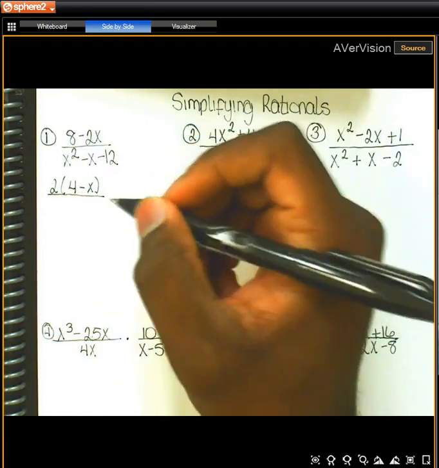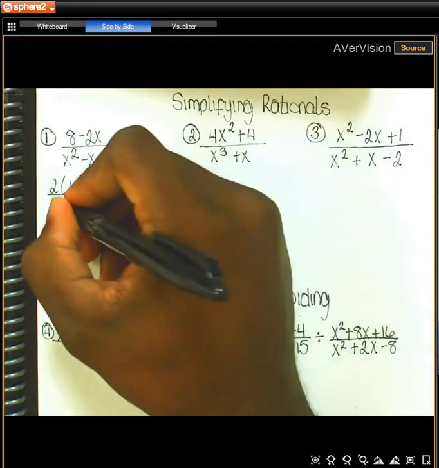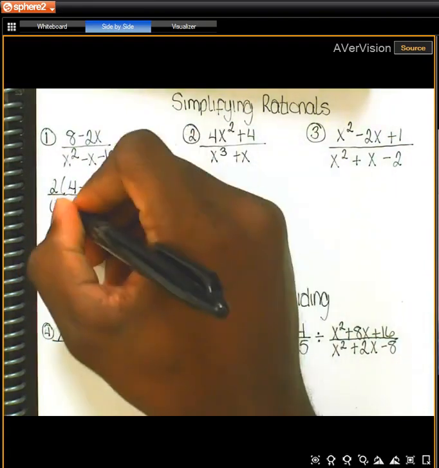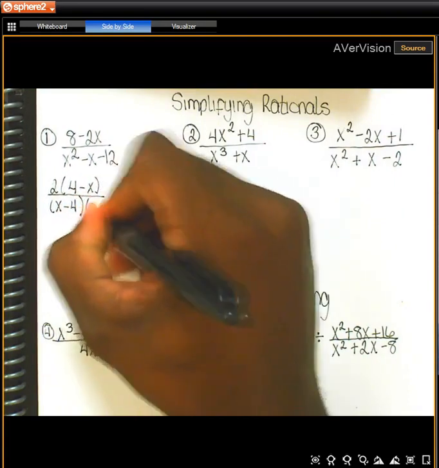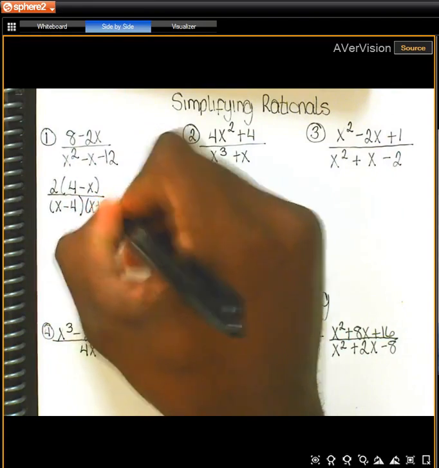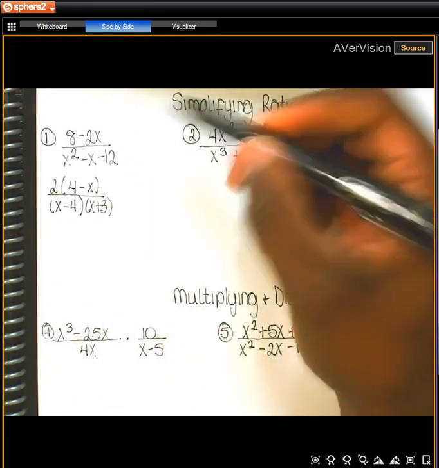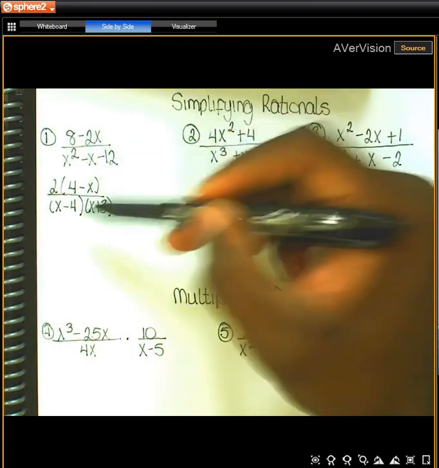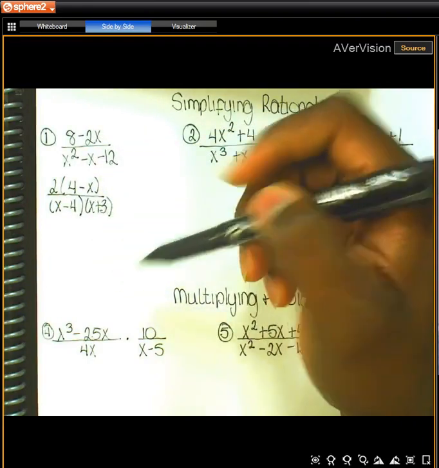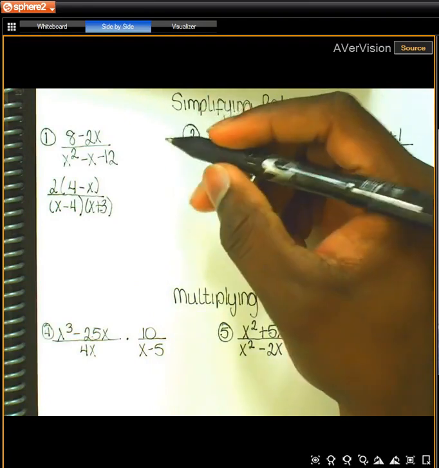What do we get? So we want factors of -12 that combine to give us -1, which are -4 and +3.